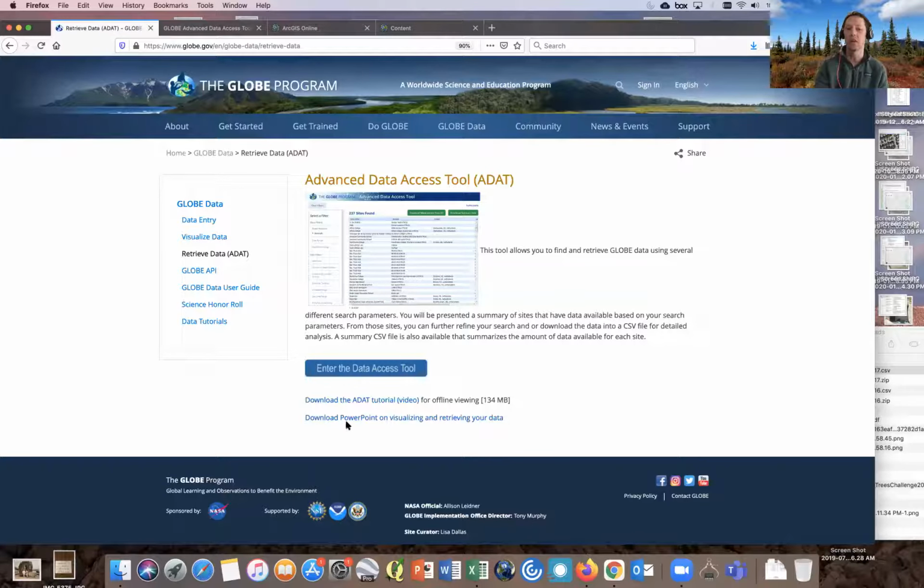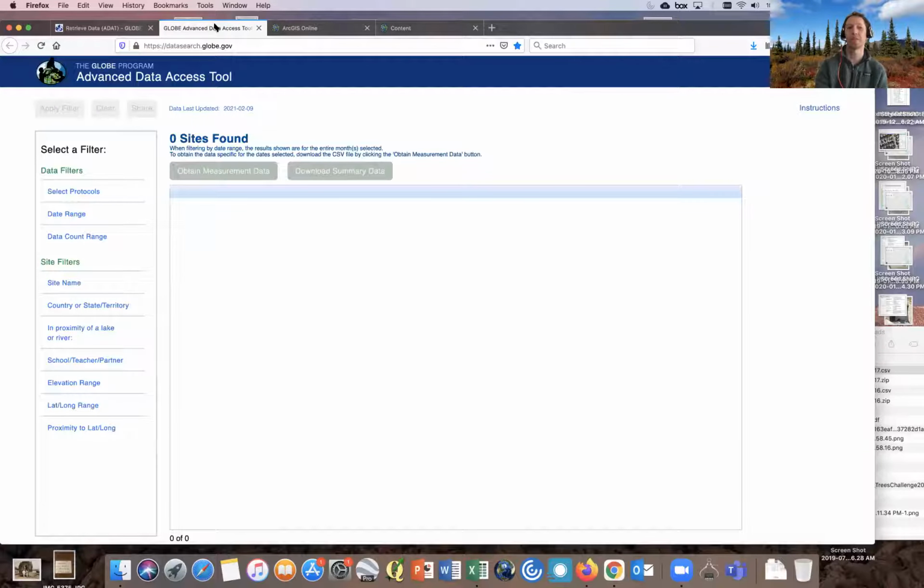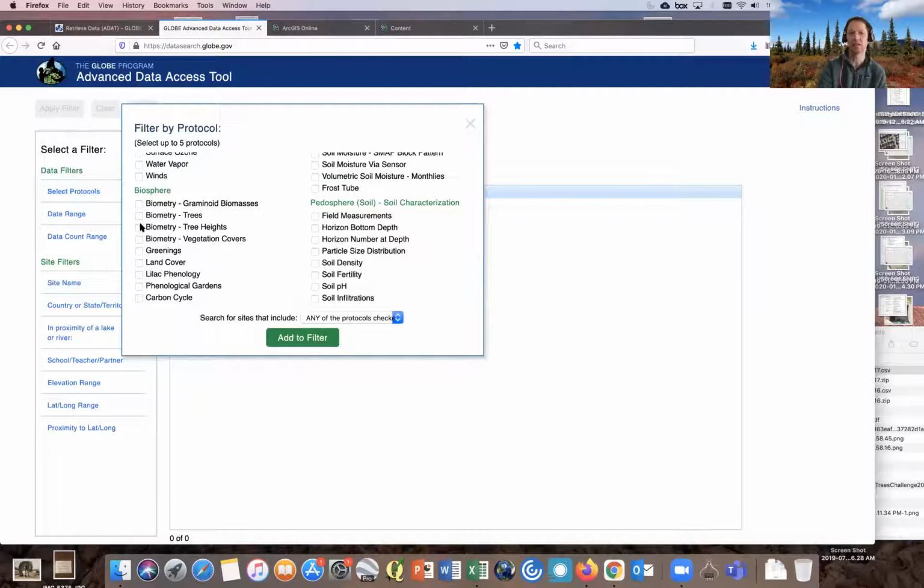If you don't, download the PowerPoint or watch the video. But here I'm going to demonstrate first getting the data out of the database, so that we can upload it and actually create a map. So if we go into the advanced data access tool here, I'm just going to select some tree heights that may have been measured.